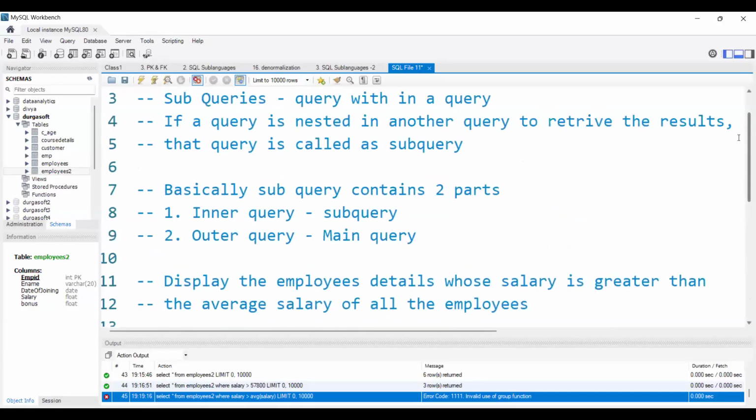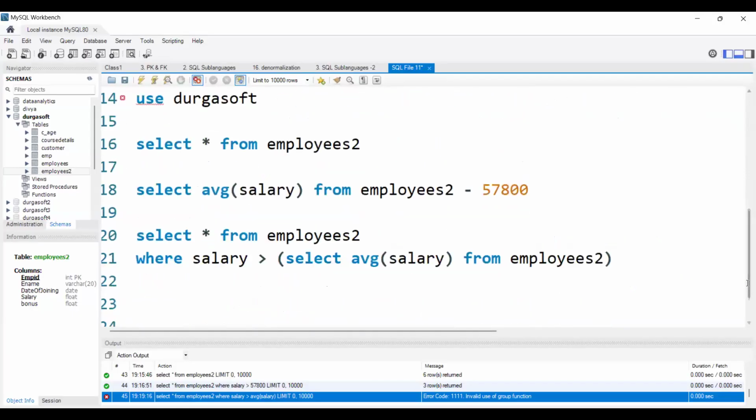As I said, in subqueries we have two queries: inner query and outer query. The inner query is also called the subquery, and the outer query is also called the main query. So we are writing one query inside another query, because I used the parentheses over here.